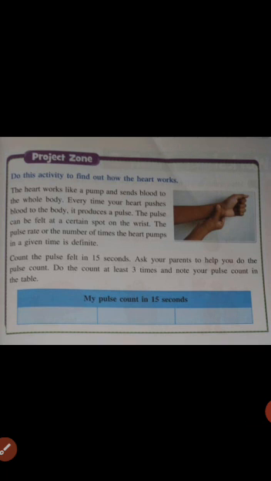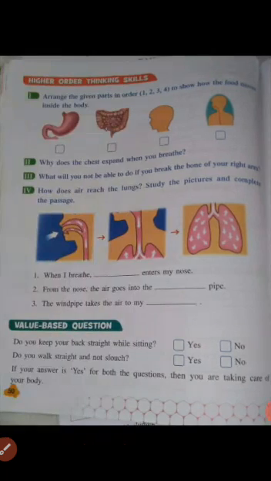So, students, in this video, we will learn about this activity given on page number 50. Higher order thinking skills. Arrange the given parts in order 1, 2, 3, 4 to show how the food moves inside the body.